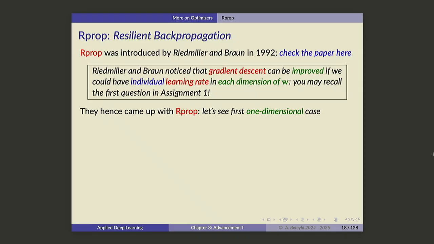People said, if we are updating a multidimensional function, we can have a separate learning rate for every single dimension. I am not moving in the gradient direction by only scaling the direction; for every dimension, I scale it separately. If I can do that, it is going to help us much more in terms of convergence.